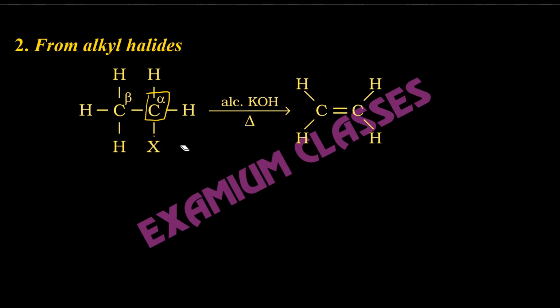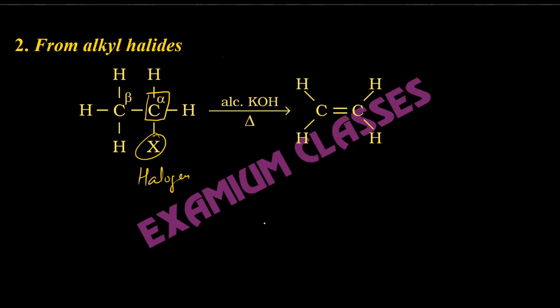This X is a halogen. It can be chlorine, bromine, or iodine. Normally, we don't do reactions with chlorine, and I have told you multiple times why: reactions with alkyl chlorides are violent, explosive type. We don't have a mechanism to control those reactions, so we avoid them.